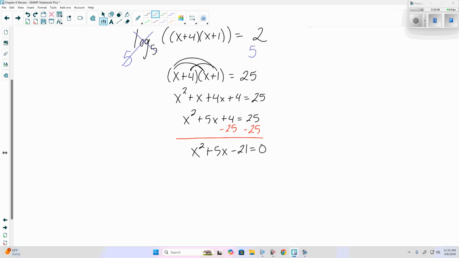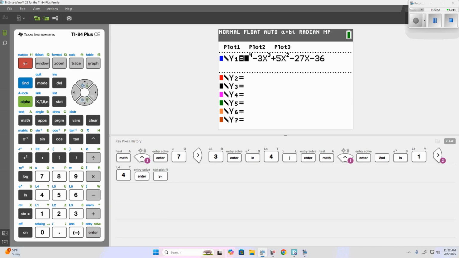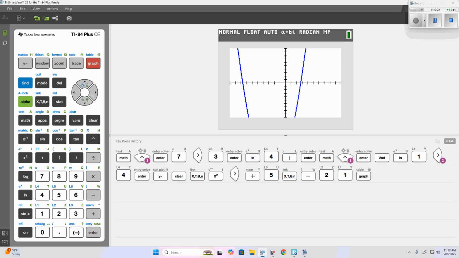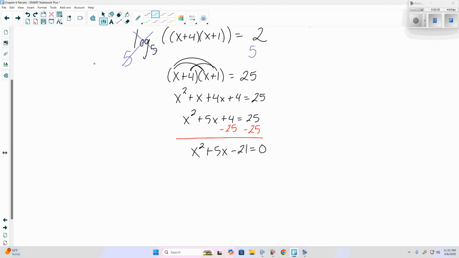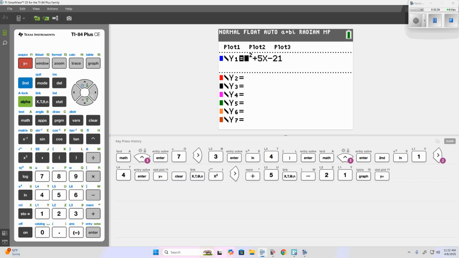Now that we have the equation equal to 0, we can factor it or graph it. I'm going to go on and just graph it. Y is equal to x squared plus 5x minus 21.